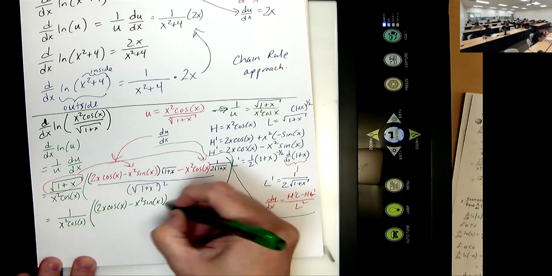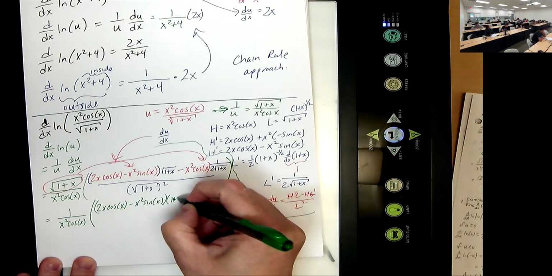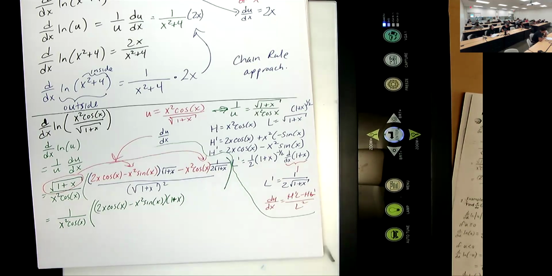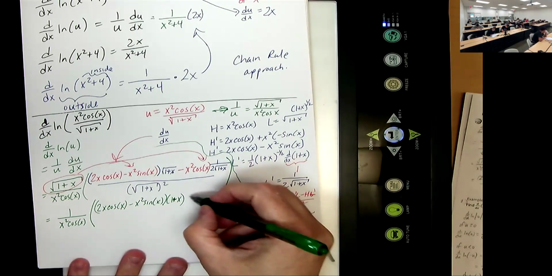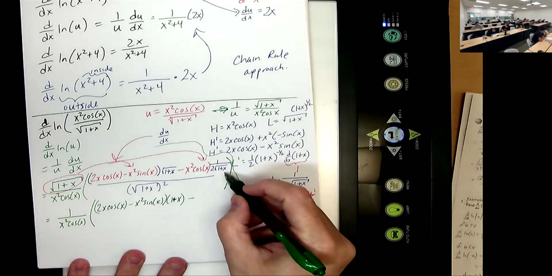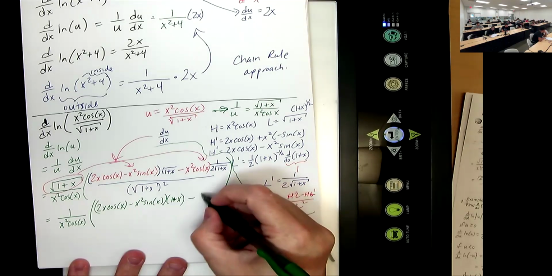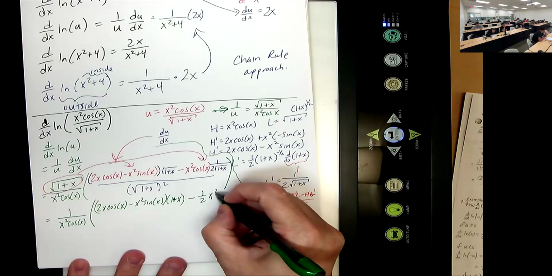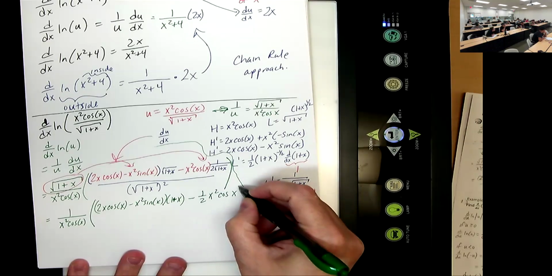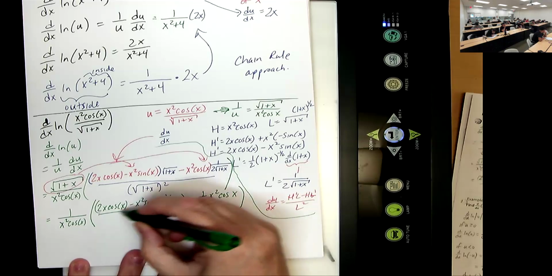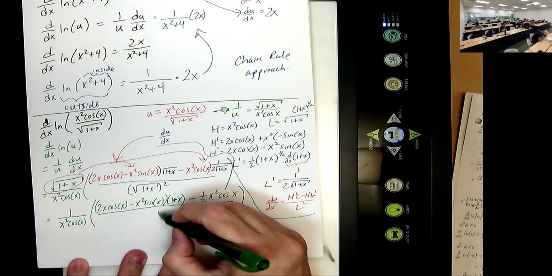And that's times 1 plus x. And when it hits the second one, it's just gonna cancel out this denominator and we're just gonna have 1 minus 1/2 x² cosine x. And the bottom is 1 plus x.